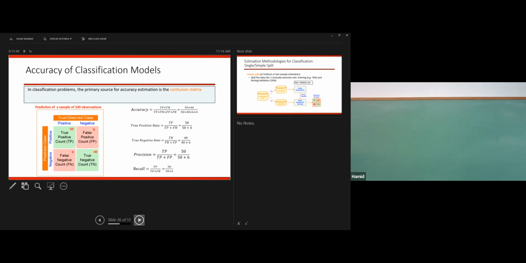So maybe if you look at accuracy, you would be very happy to use it. 95% sounds good. True positive is even better, but the true negative rate is poor. So true negative is 48%.